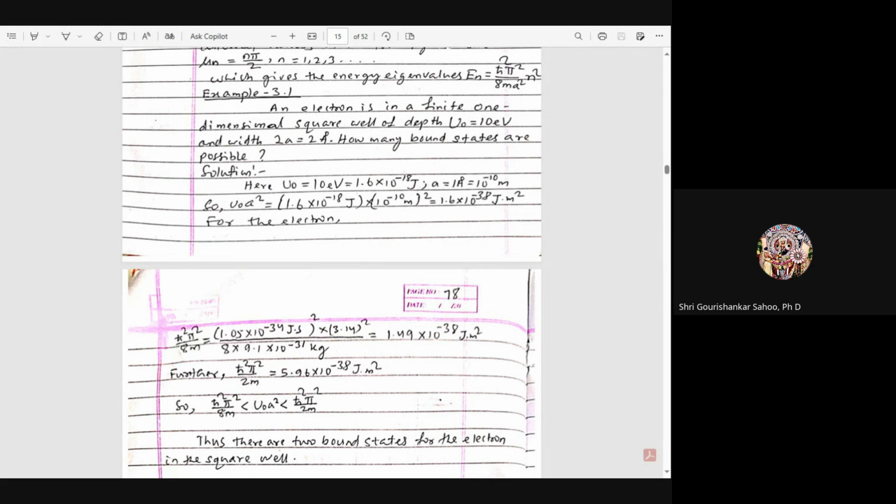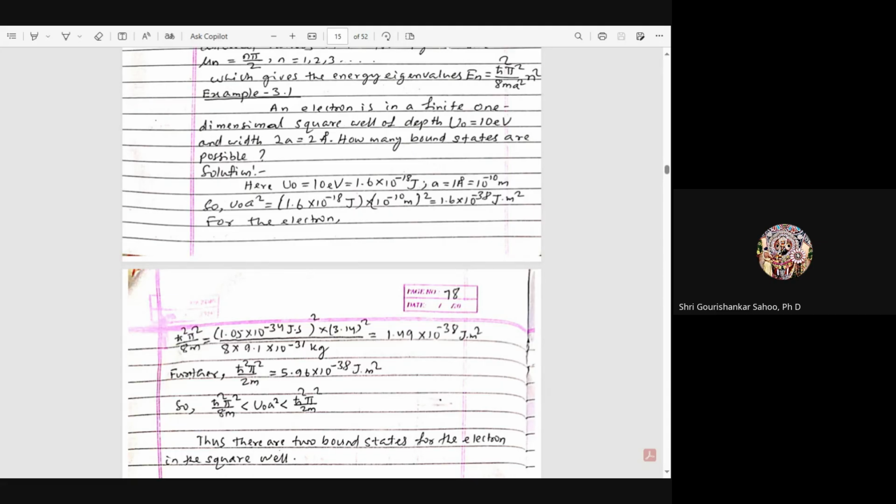And your a is equal to 1 angstrom, since 2a is equal to 2 angstrom. And 1 angstrom, you know, is equal to 10 to the power minus 10 meter. So your U0 a square will be 1.6 into 10 to the power minus 38 joule multiplied by meter square.